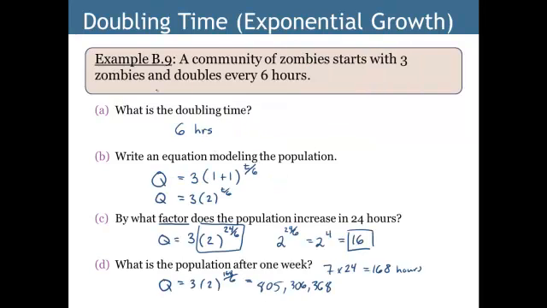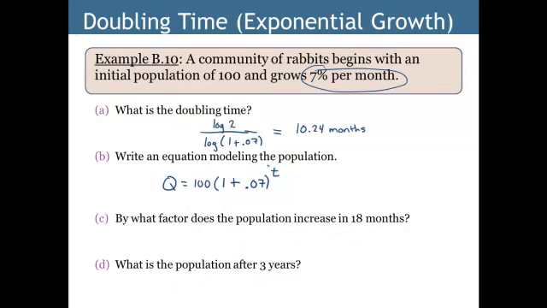Back here with the zombies, did they tell us the percent that this thing is increasing? No, they told us the doubling time. So since they told us a doubling time, that got put into the power. Okay? On this problem, they didn't tell us doubling time. They told us the percent. And so we can just use the standard model here.